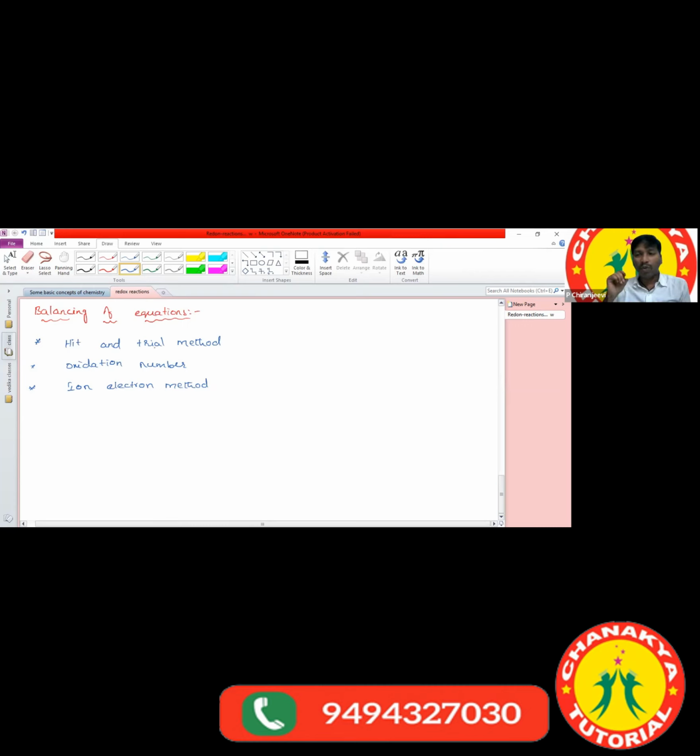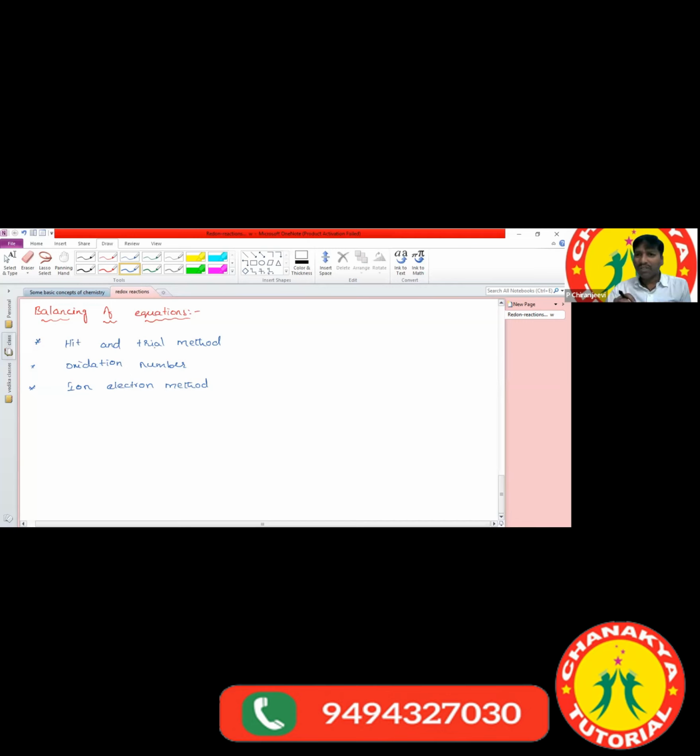In those, they gave the questions in sentence formation. If they give a sentence formation, how can we balance the equation? First, we have to know how to write the molecular formula of the compound. Only if you know the molecular formula is it possible to balance the equation. Otherwise, it is not possible. Now you got the clarity?